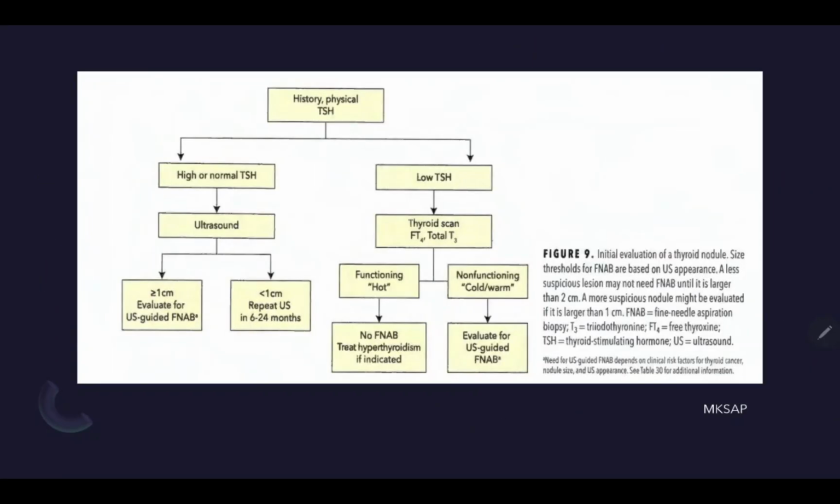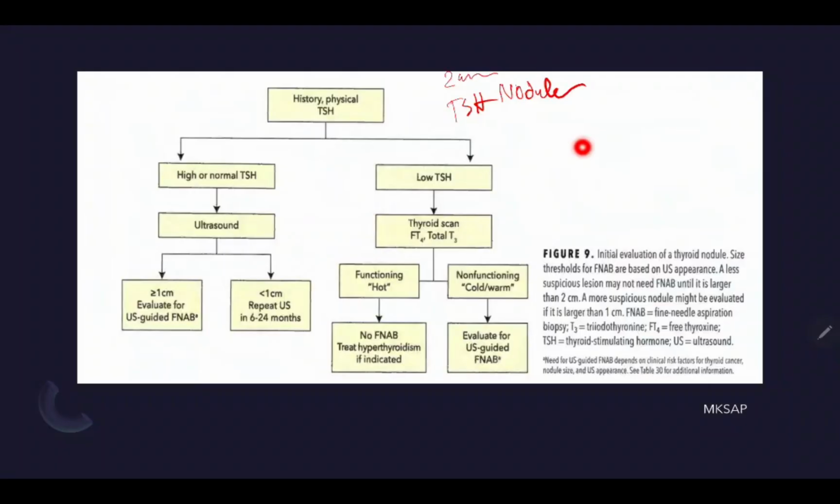All right, that's how the algorithm actually works. If you have any history of thyroid issue, and you've done your physical examination, let's say the patient came with a thyroid nodule, okay? The patient has a thyroid nodule, and you found, let's say, a 2 centimeter nodule. So what you're gonna order next is TSH, and if the TSH is high or normal, then that means there is a picture of hypothyroidism here, because the TSH is increasing.